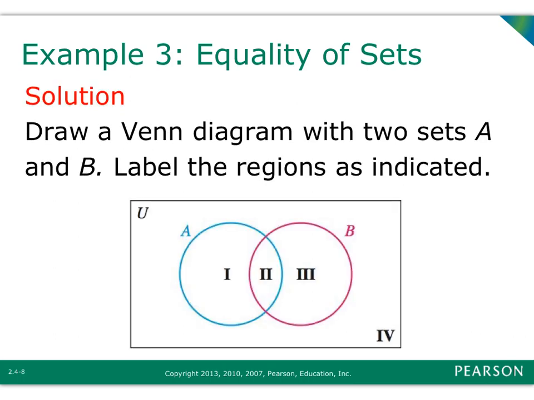So our solution is we'll draw a Venn diagram with 2 sets A and B and label the regions as indicated. We have region 1, region 2, and region 3.